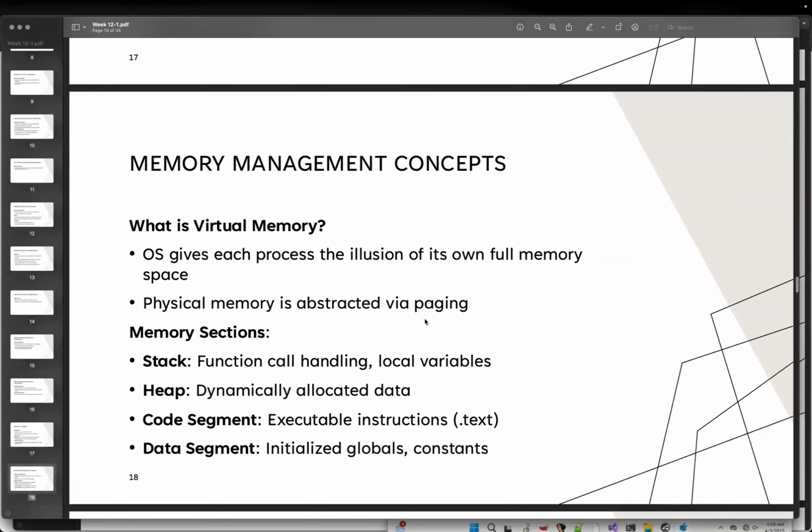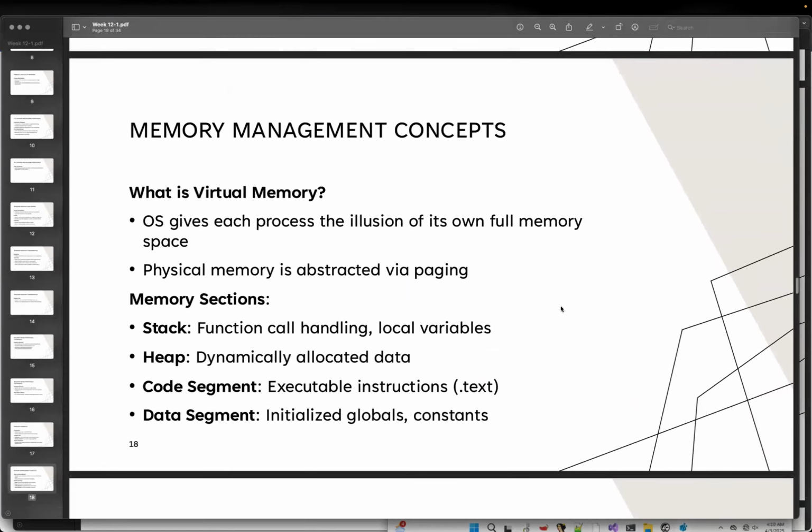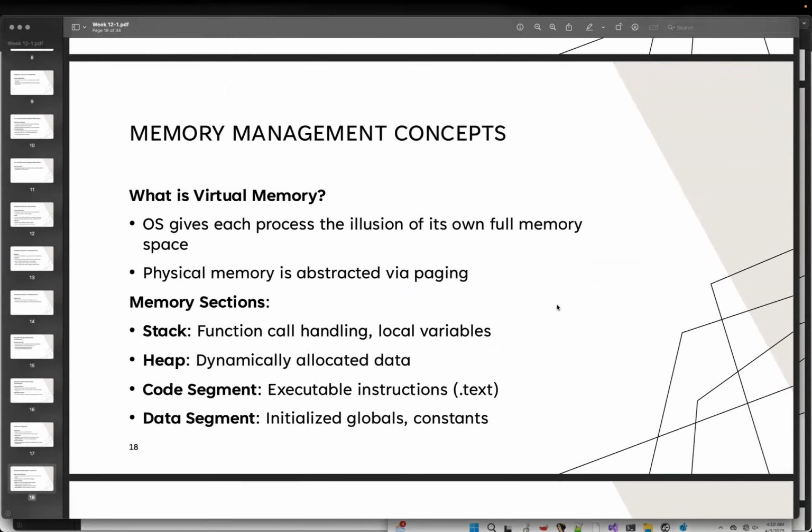And the next part, we will investigate and look into the virtual memory. Because the OS gives each process the illusion of its own full memory space, and in physical memory, they will abstract the paging.